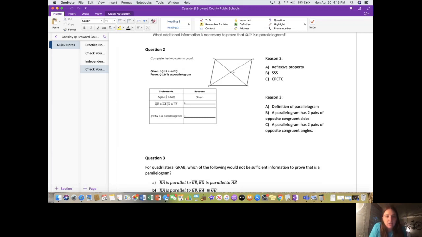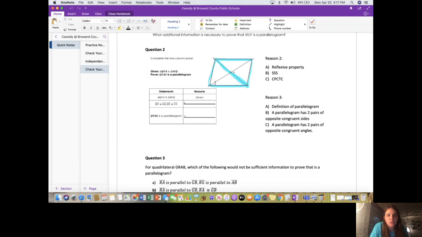It said, given that triangle QUA, this triangle here, is congruent to triangle AGQ. So those two triangles are congruent.